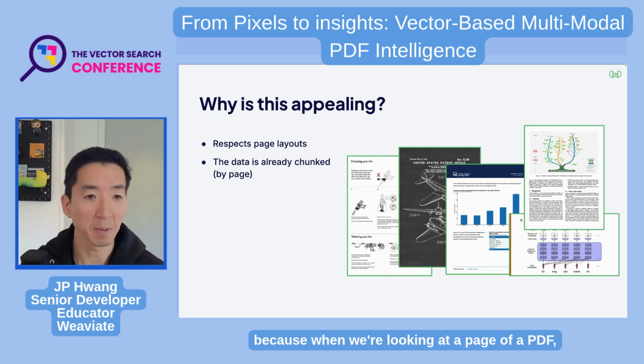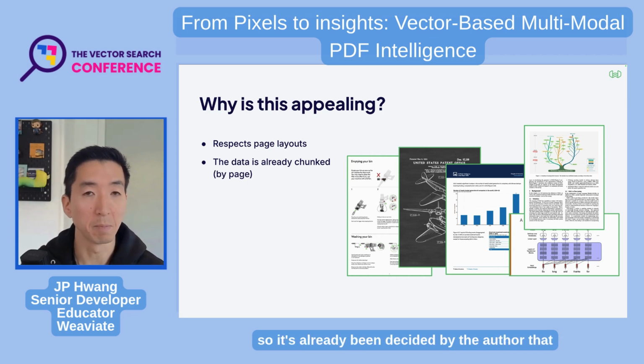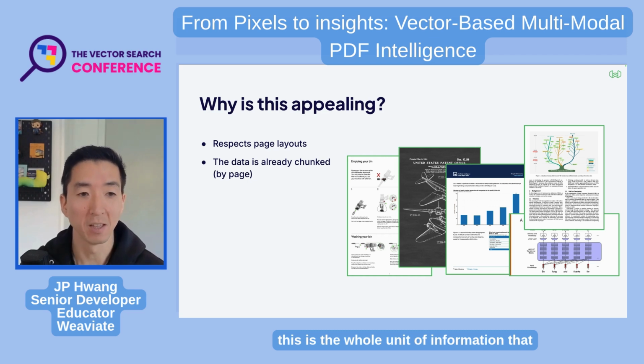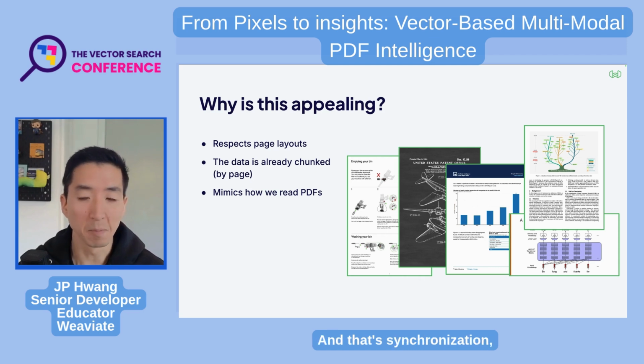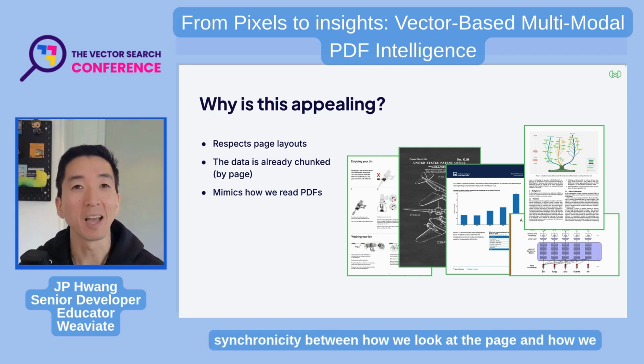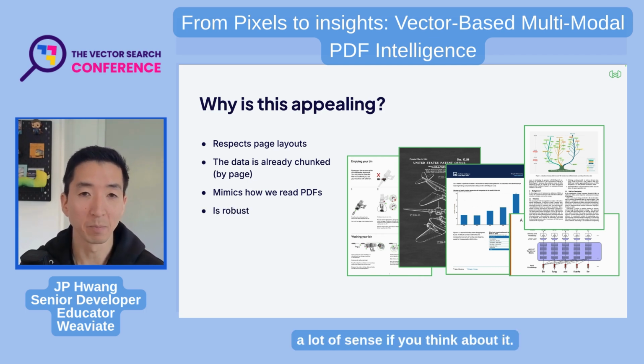Because when we're looking at a page of a PDF, naturally the page is laid out so that us as humans can look at the whole thing as one page. So it's already been decided by the author that this is the whole unit of information that we'll be looking at. And that synchronicity between how we look at the page and how we embed the information into a database actually makes a lot of sense if you think about it.